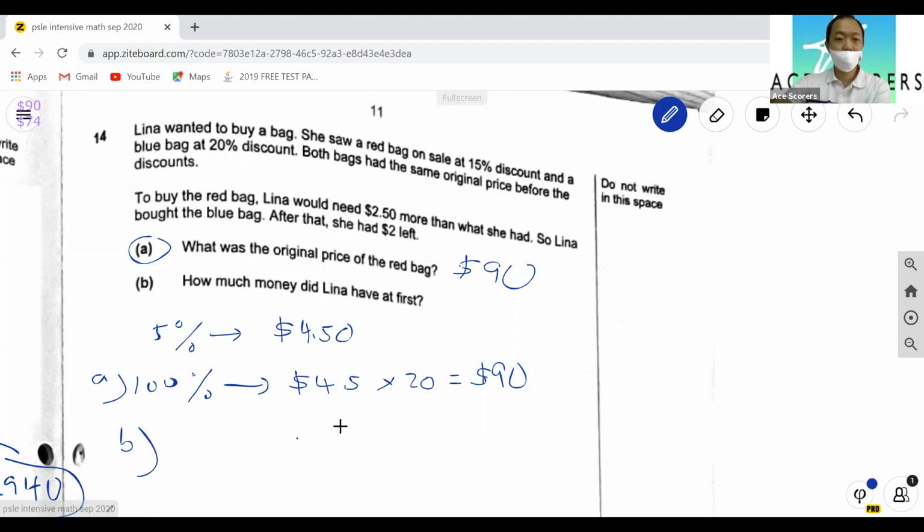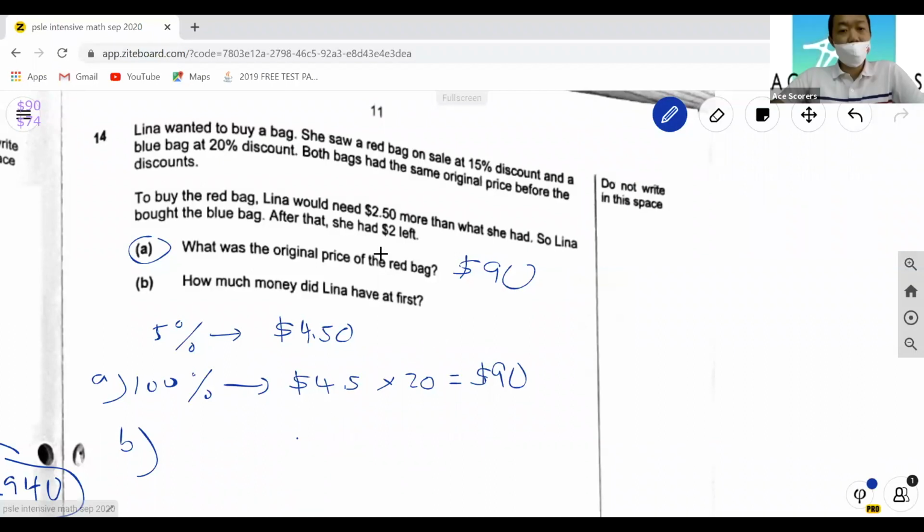There are two ways: you can either take 90 divided by 100 times 85, and then minus 2.50, or 90 divided by 100 times 80, plus $2 for the blue one.